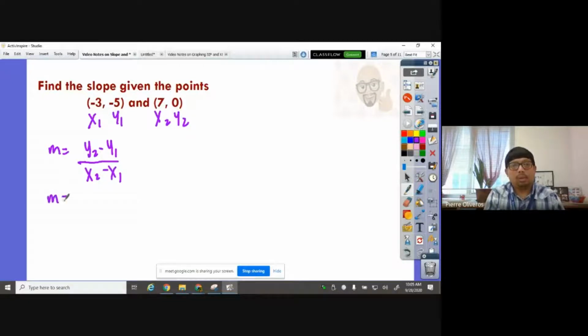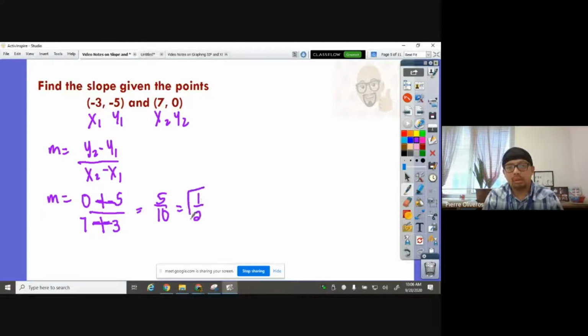Applying the formula here, y sub 2 here is 0 minus negative 5 over x sub 2 is 7 minus x sub 1, it's negative 3. Applying the negative negative will become positive here. So this will be 5. This will be another positive here. So this will be 10. So therefore, 5 over 10, you can reduce to the lowest term, which is the answer, will be 1 half. Very easy. Kaboom.